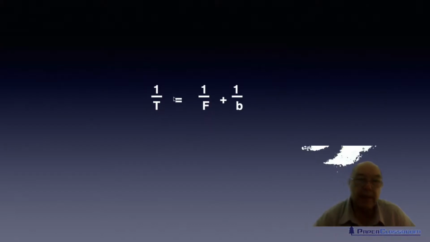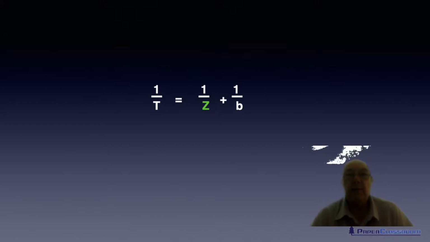So tensile we can now measure, fibre strength we can now measure, bonding contribution we can calculate, and because we measure this on this zero span tensile tester, he changed the letter to Z. So that's the original stripped down Page equation that I showed you at the beginning of this tutorial.